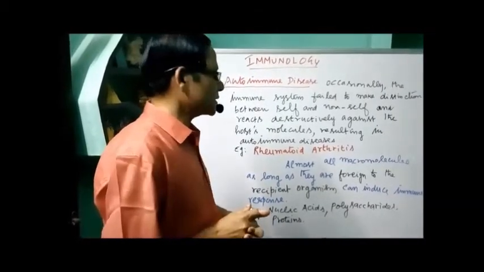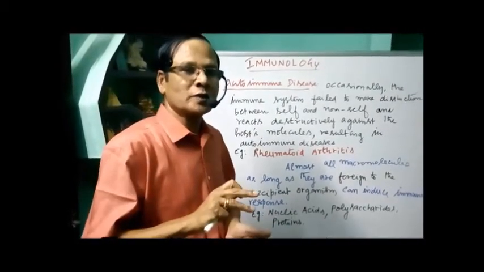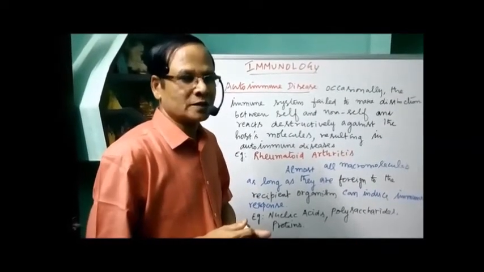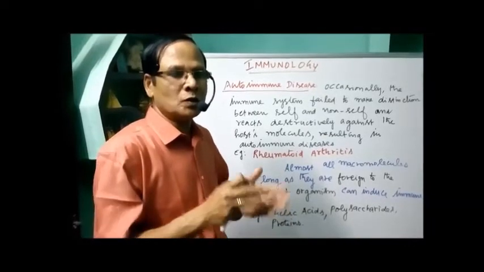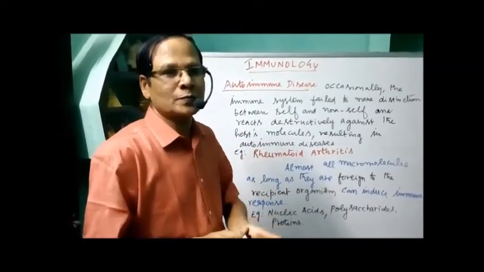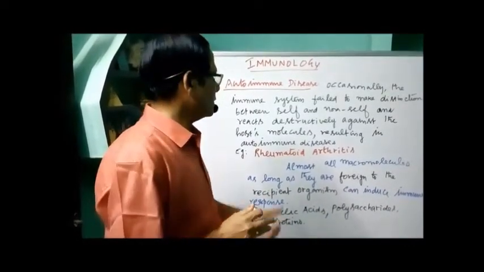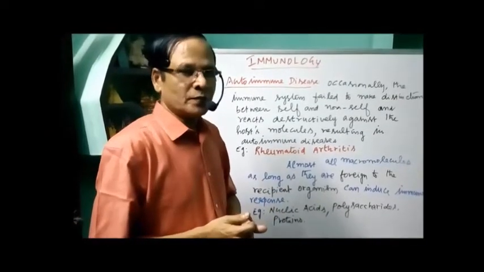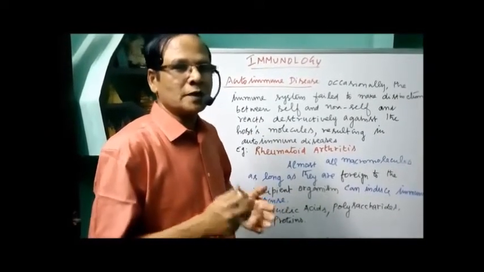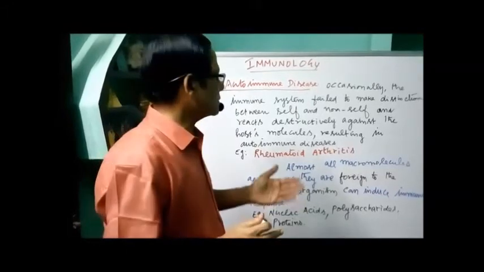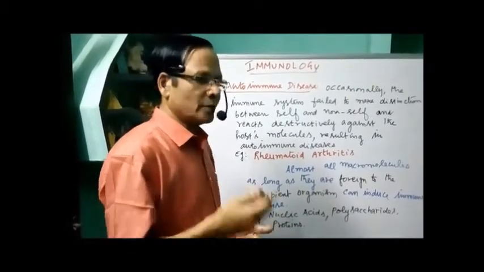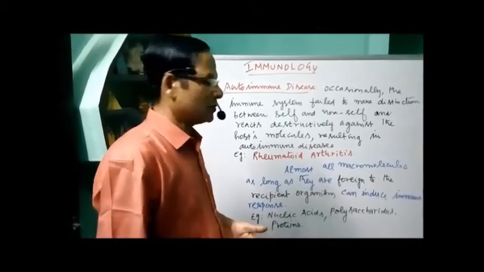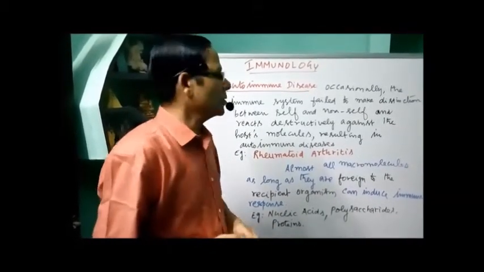That's why in graft rejection we have to check histocompatibility of antigens, whether the antigens match between the two persons, the donor and the recipient in transplantation. Okay, coming back to antigen: any substance capable of eliciting an immune response is called an antigen. We'll study more about it later. The chemical nature is different for different antigens.